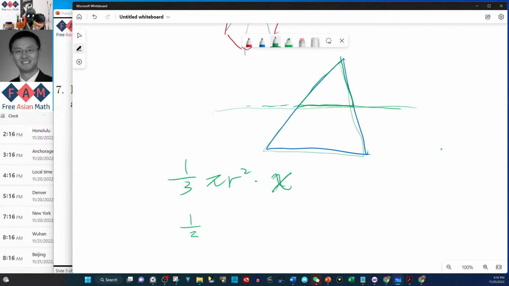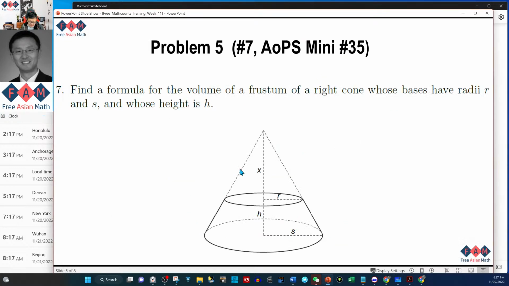That must be 1/3 pi s squared, that's the radius of the bottom circle or disk, times the height, which must be h plus x, right? x is the one that was cut off. h is the remaining residual height. So they add up to the original height.